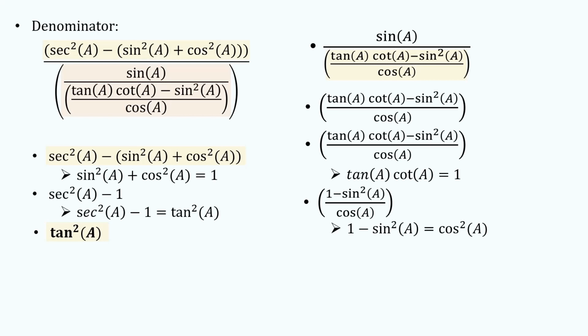Now, we can substitute the numerator by the square of the cosine of A, which results in the square of the cosine of A over the cosine of A. Due to this, we can now divide the expression, but for a shortcut, we are going to use the exponent rules. When dividing two terms with the same base, we just subtract their exponents. 2 minus 1 will result in the cosine of A. Therefore, the square of the cosine of A divided by the cosine of A is equal to the cosine of A.